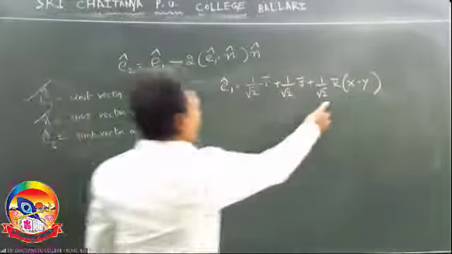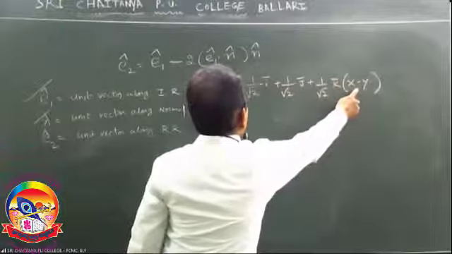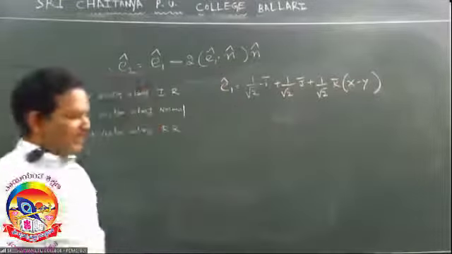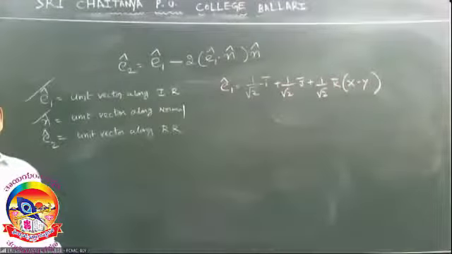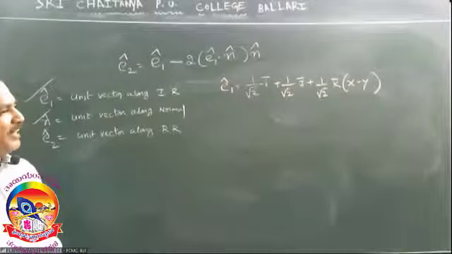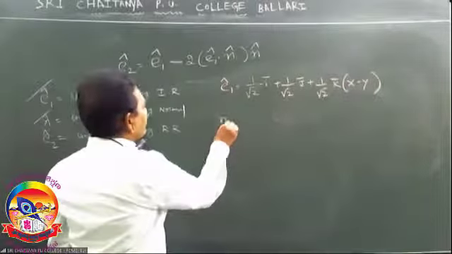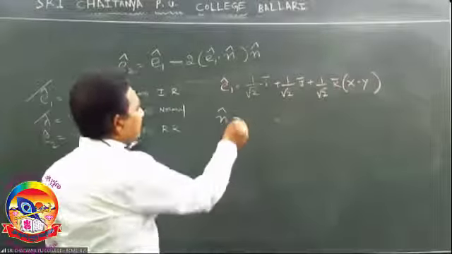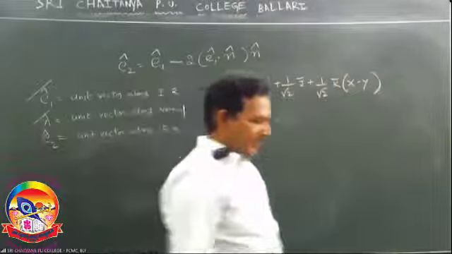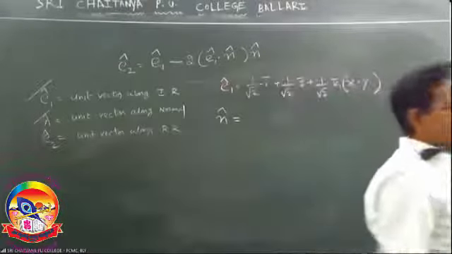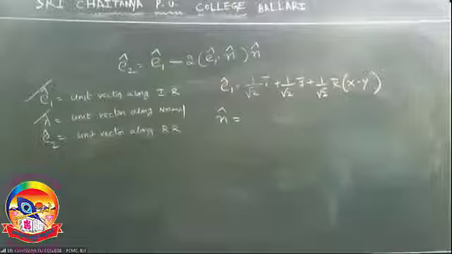This is also important. In which plane is the incident ray? If we know that, we can write n cap. What is n cap? N cap is nothing but the normal. Normal means 90 degrees.